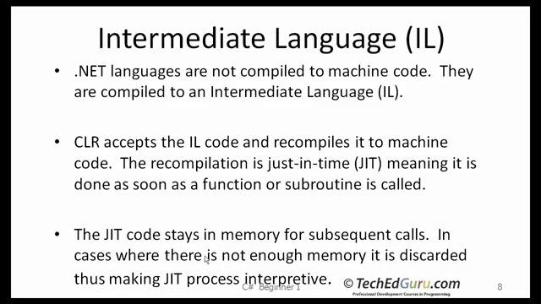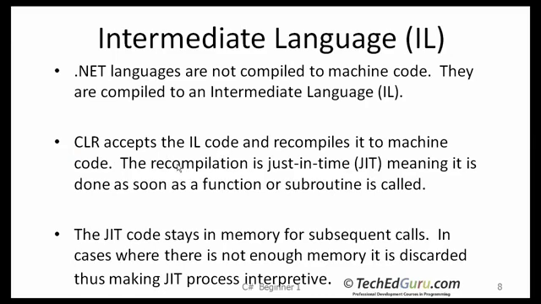So what is intermediate language or IL? The .NET languages are not compiled to machine code directly as they would be in a programming language like C or using a C compiler. They are compiled to an intermediate language code. The CLR then accepts the IL code and recompiles it to machine code.